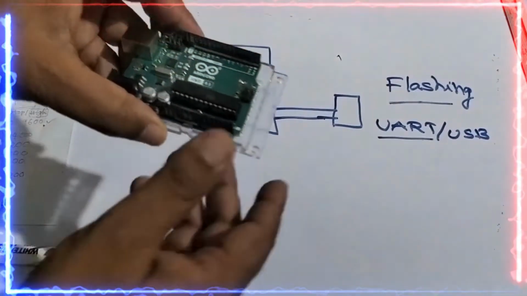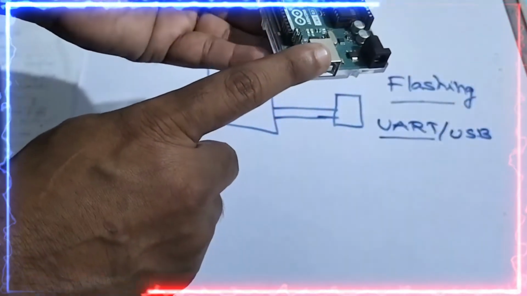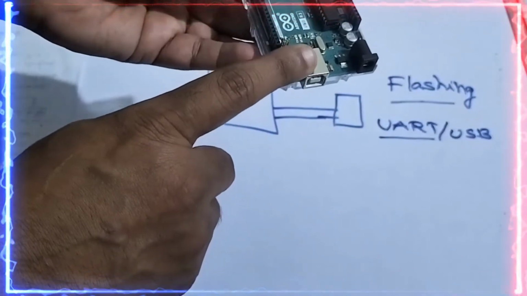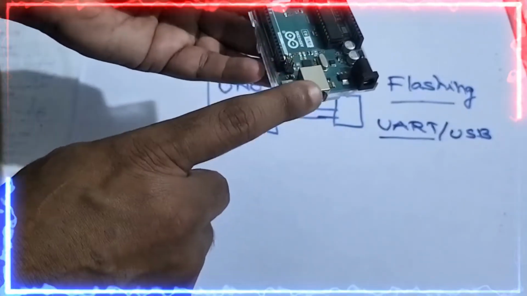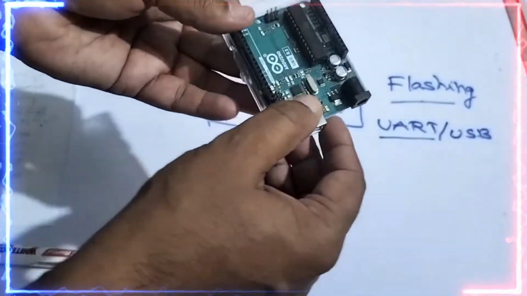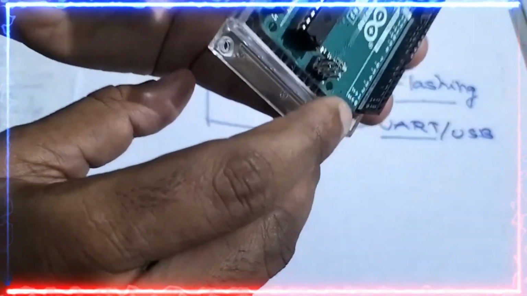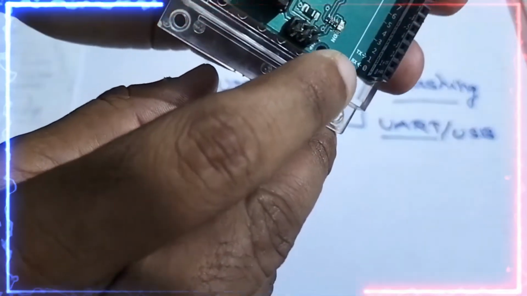Now let us see. This one itself will be used for flashing, and the same thing can be used for UART communication. So we can receive and transmit the data over here, friends. If we want to see the signals, here we can see there is a TX and RX, friends.